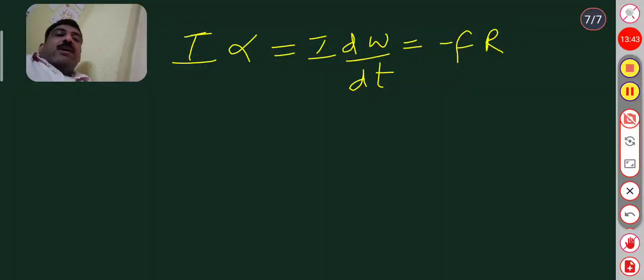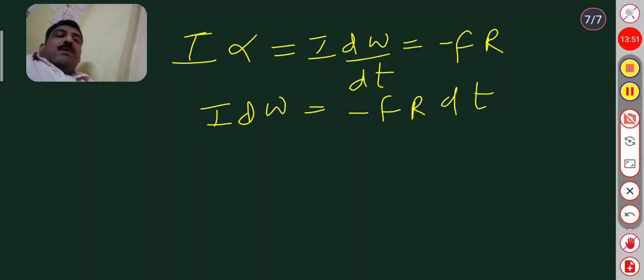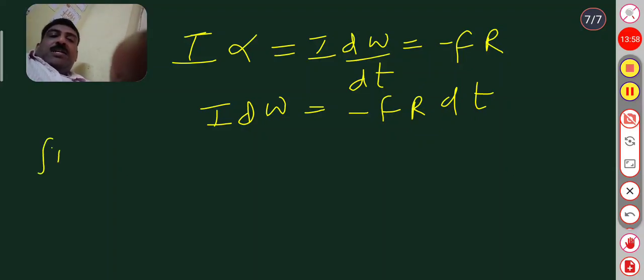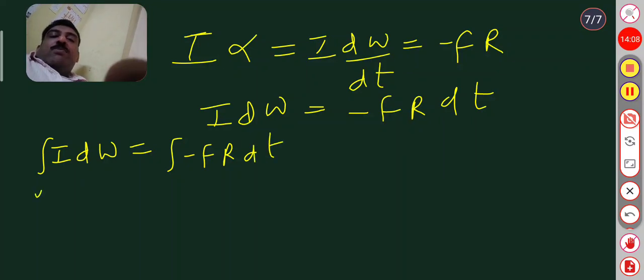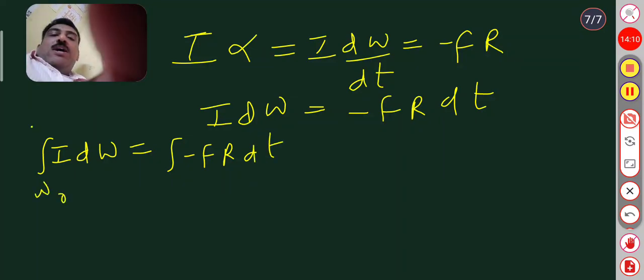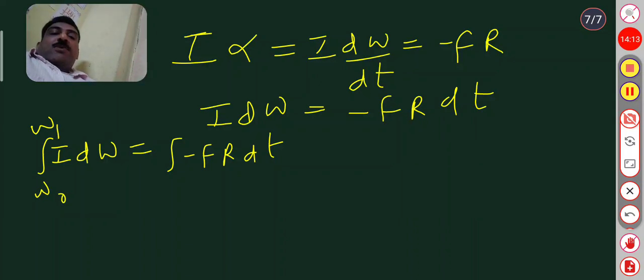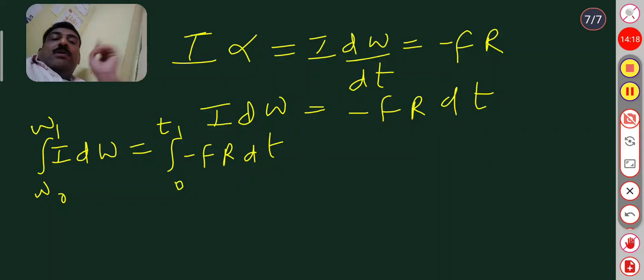Now cross multiplying, I will get I into d omega is equal to minus fr into dt. On integrating, you will get integral I into d omega is equal to integral minus fr into dt, from omega naught to omega 1, and from 0 to t1.